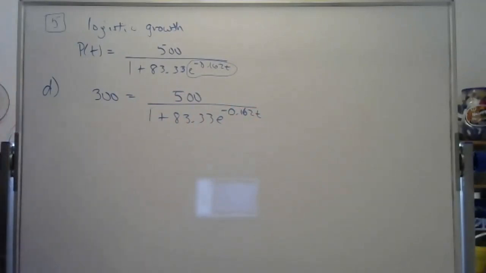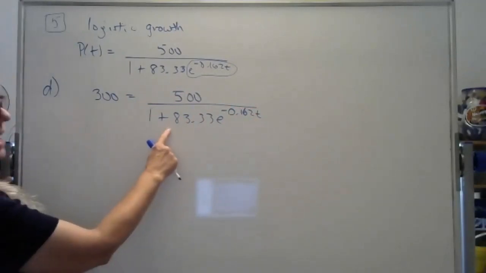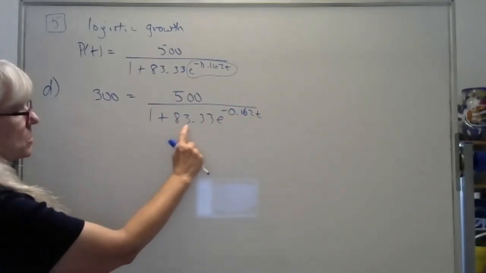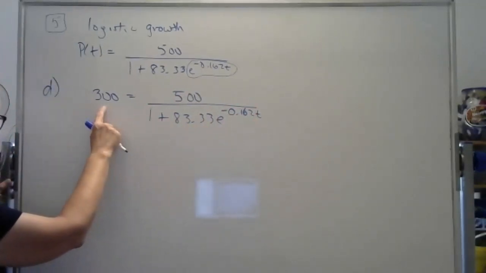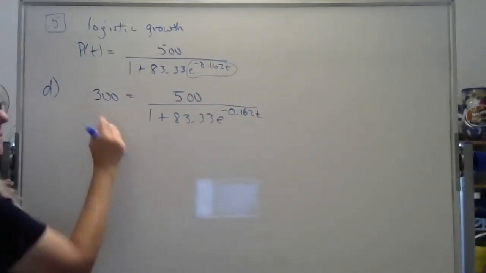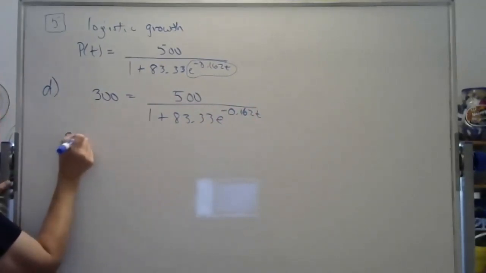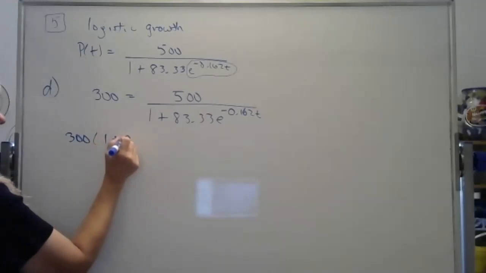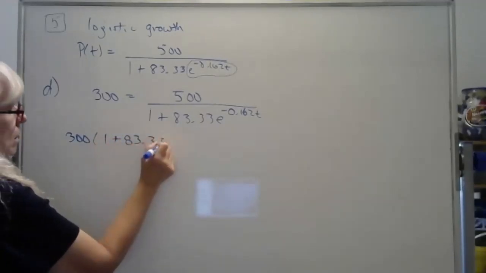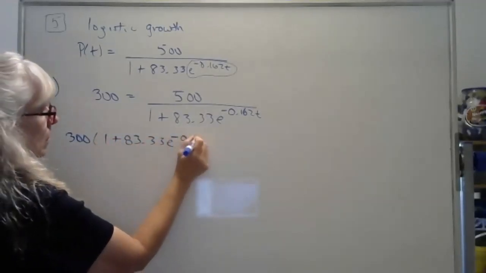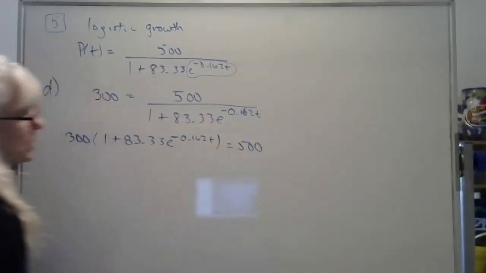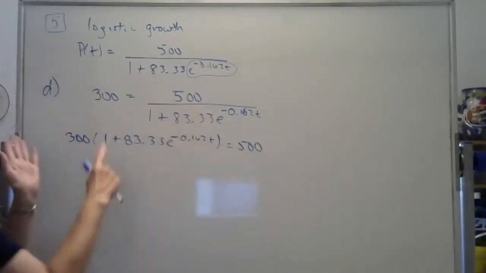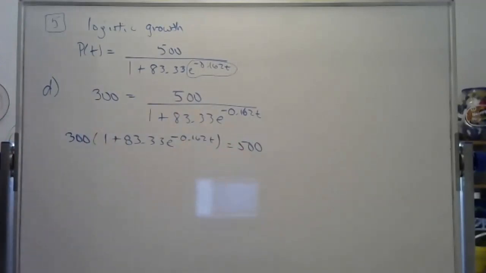So the first thing we're going to do is clear the fraction. What that's going to do is move the denominator over by the 300. Is everybody comfortable with that? I multiply both sides by that common denominator, and that moves the denominator from the right side over to the left side. Cross multiplying would give you the same thing.